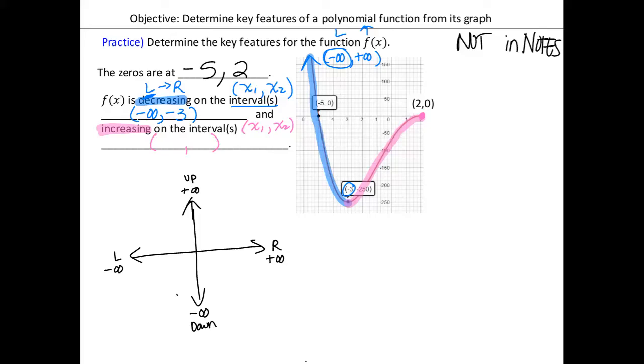Negative 3, 2. Okay, thank you. Isabella Valencia, can you tell us, what did you guys say? Same thing? Okay, one more. Lupita, can you tell us? Where are you at? Oh, that's you. Okay. Interval for increasing, what did you say?